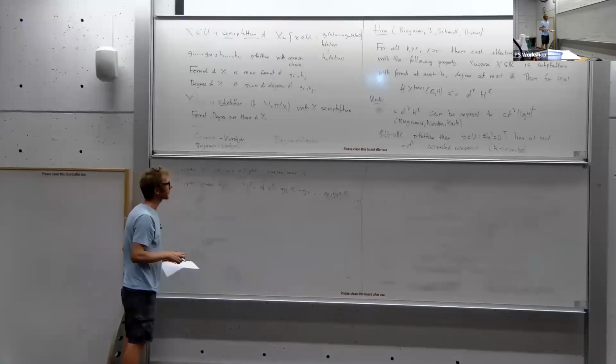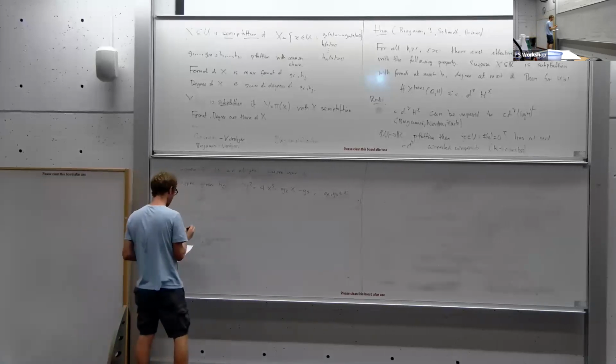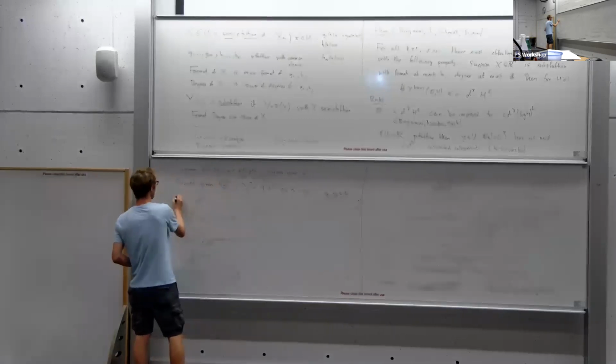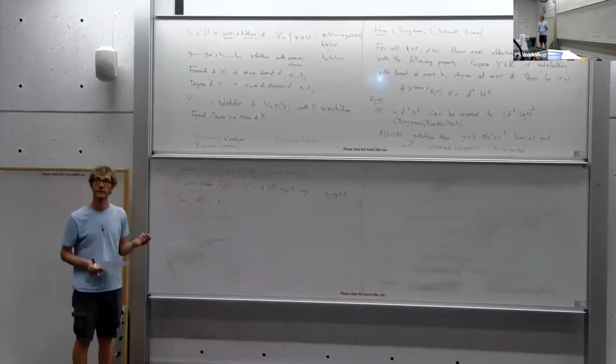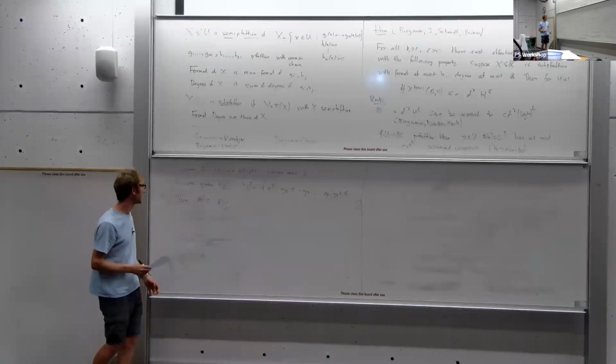Okay, so if I have such a curve, it's isomorphic to the complex numbers divided by a lattice. The lattice is a discrete subgroup of C of rank 2.